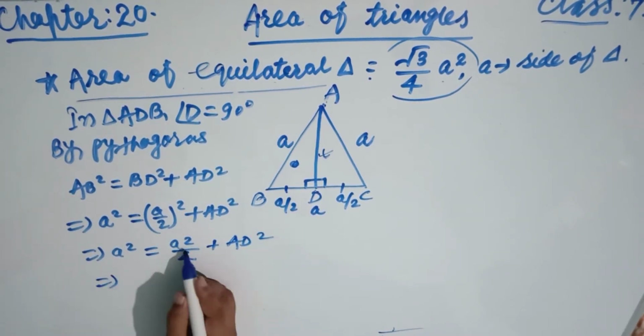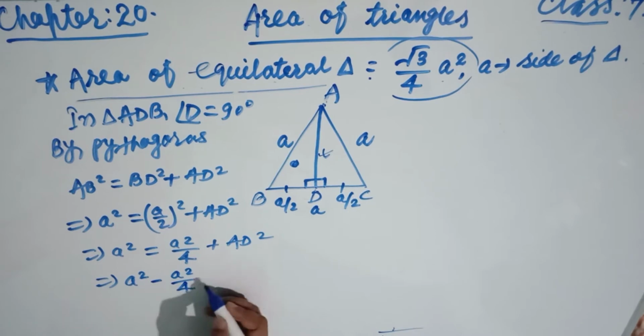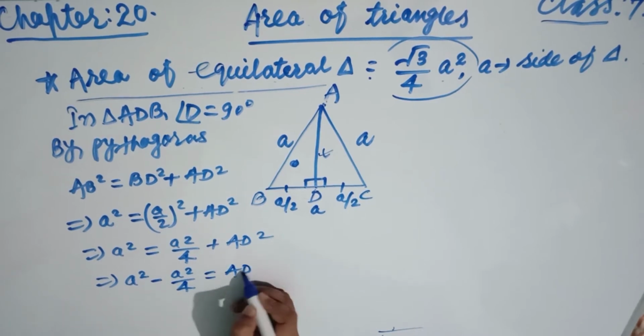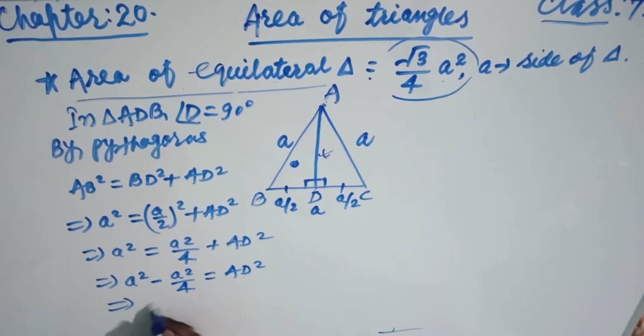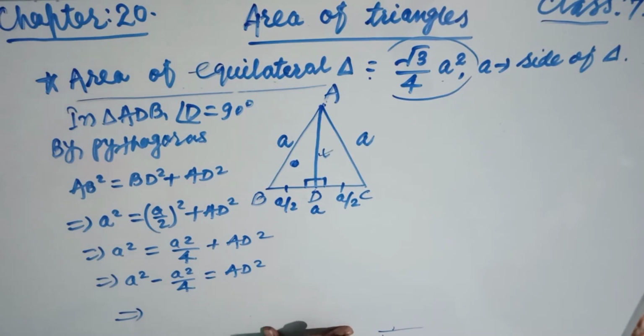Now friends, bring this AD square as it is, and bring this to the left hand side with the minus sign, and it becomes AD square. Here friends, take the LCM of 4, 1 and 4.